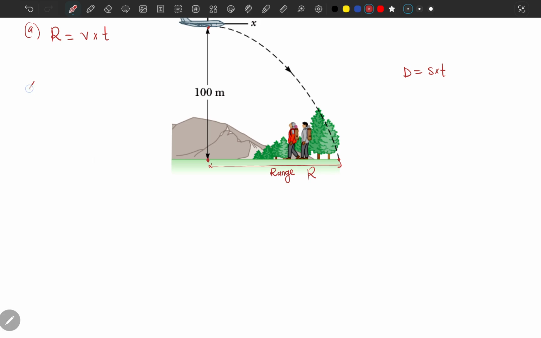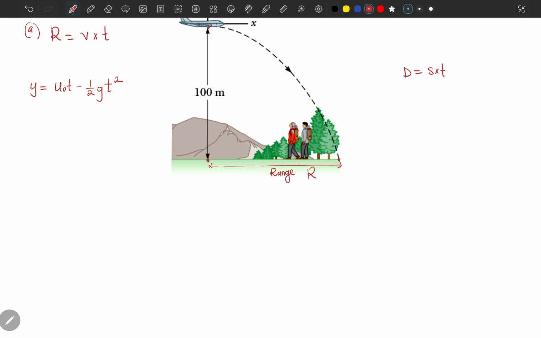We are going to say the change in y is equal to y minus y initial. This is what will give us time. So y is equal to the initial velocity times t, minus 1/2 g t squared.